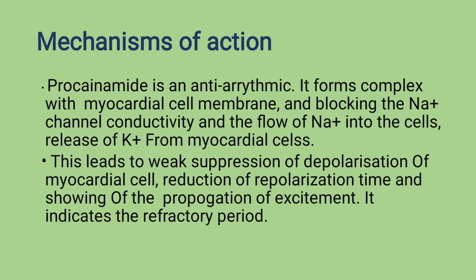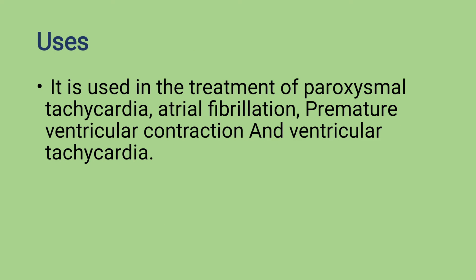This leads to weak suppression of depolarization of myocardial cells, reduction of repolarization time, and slowing of the propagation of excitement. It increases the refractory period. It is used in the treatment of paroxysmal tachycardia, atrial fibrillation, premature ventricular contraction, and ventricular tachycardia.